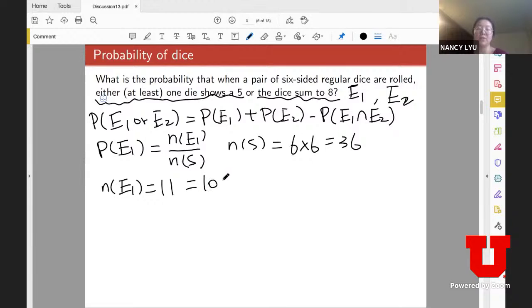And if both of them show a 5, then that's 1 way. This should give you the probability of the event E1 happening, which is 11 over 36.